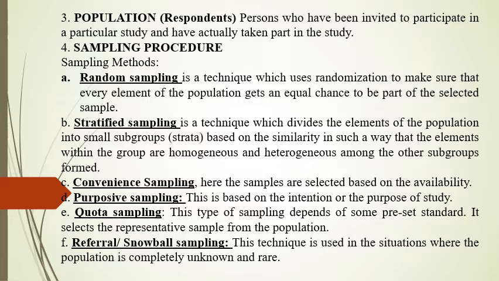Convenience sampling selects samples based on availability. Purposive sampling is based on the intention or purpose of the study. Then we have quota, referral, and more.